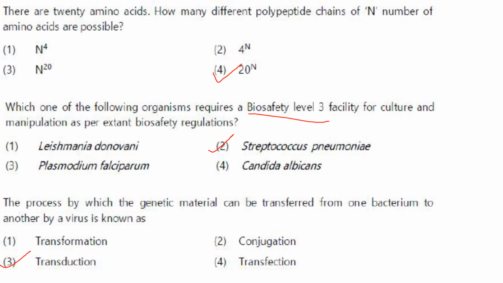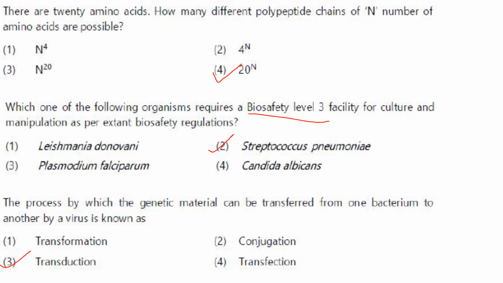Which one of the following organisms requires a biosafety level 3 facility for culture and manipulation as per extant biosafety regulation? So as per biosafety level 3, the laboratories which have biosafety level 3 facility are used to study infectious agents or toxins that may be transmitted through the air and cause potentially lethal infection.